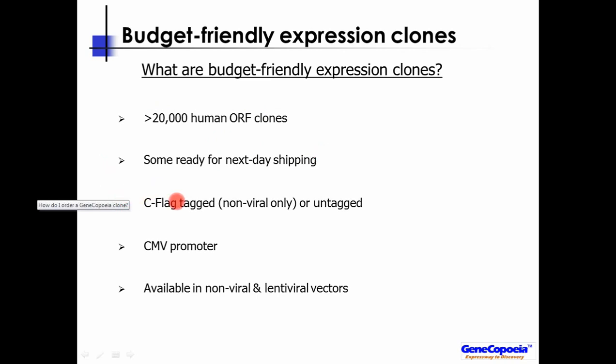In addition, these often come with C-terminal flag tags for the non-viral clones, or they come untagged, and they come with the CMV promoter, and they come either in non-viral or lentiviral vectors. So the budget-friendly clones are great for saving you lots of time in the case of the ready for next day shipping clones, and lots of money.